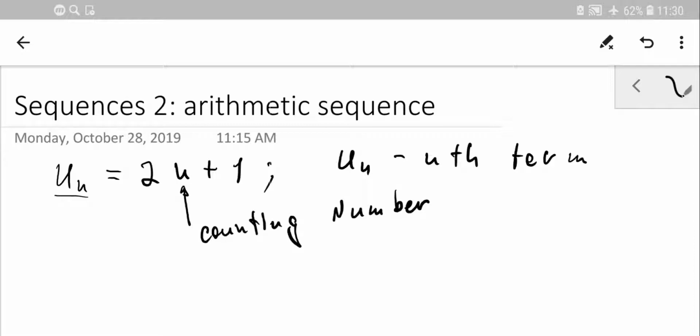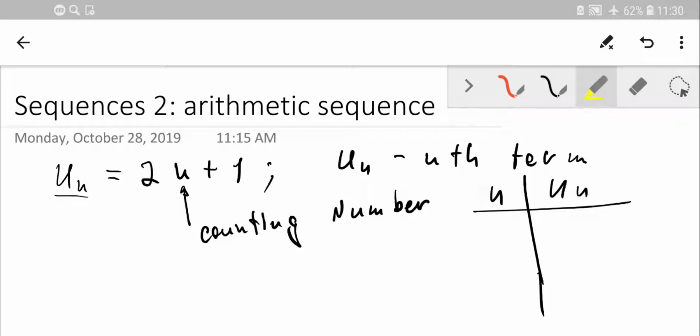How to use this formula in order to generate the specific sequence that's given with this formula? It's pretty easy. You just need to set up a table with values n and un and start plugging in different counting numbers for n.